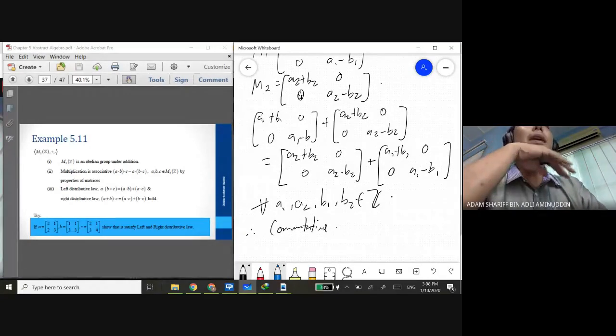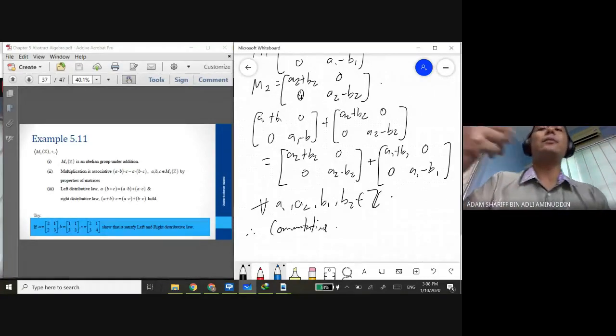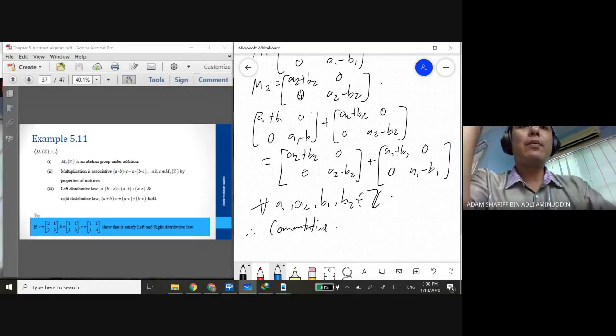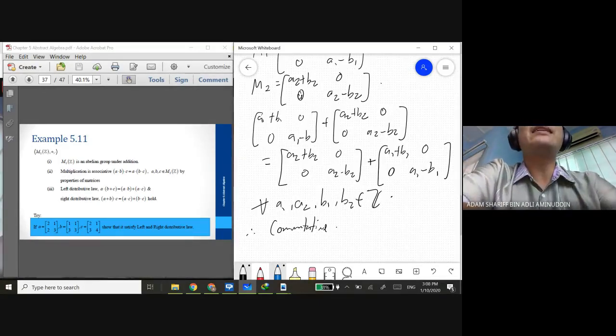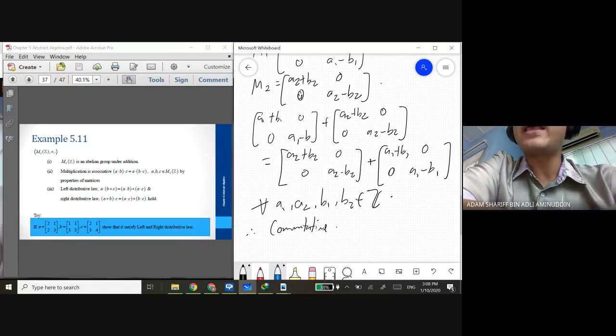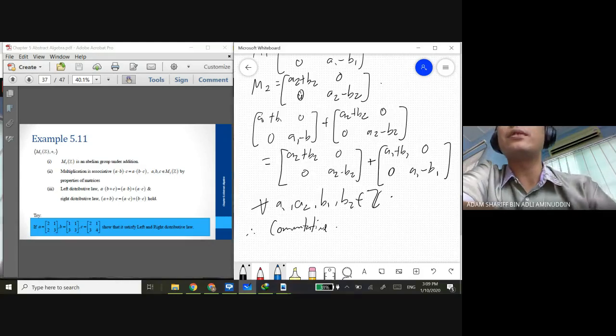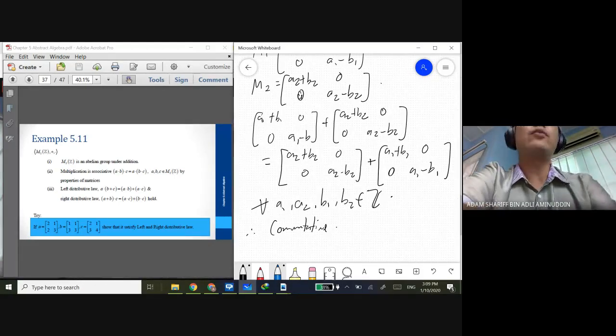But I cannot put the value because this is true for every possible A1, A2, B1, B2, which is an integer. That's all. So when I already proved this fifth property, now I'm sure that this matrix addition for this kind of form, A1 plus B1, 0, 0, A1 minus B1, is an abelian group as well.